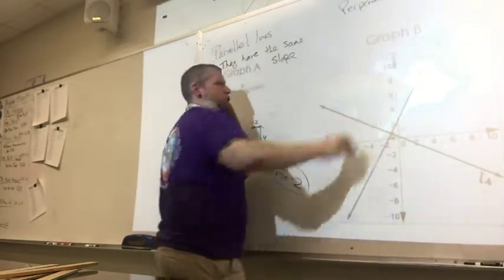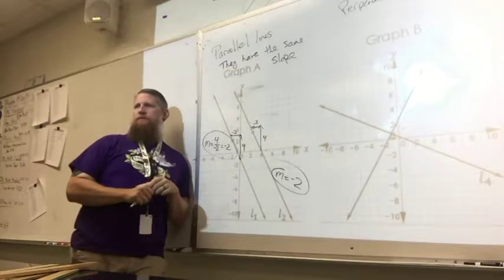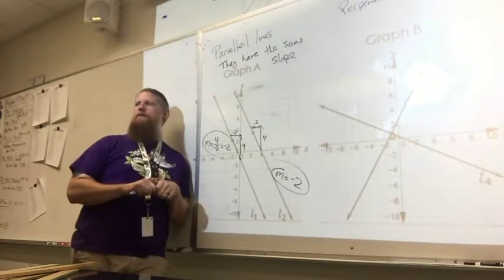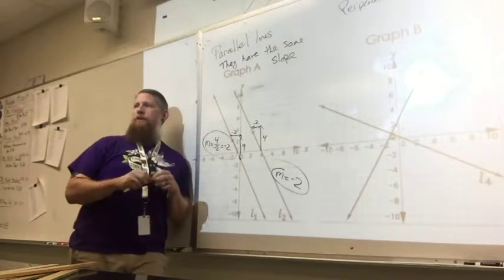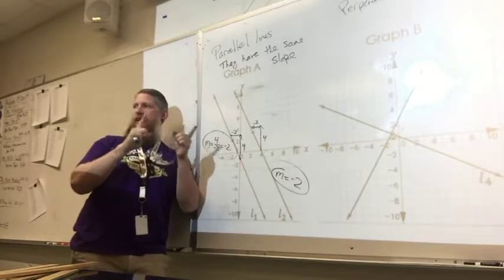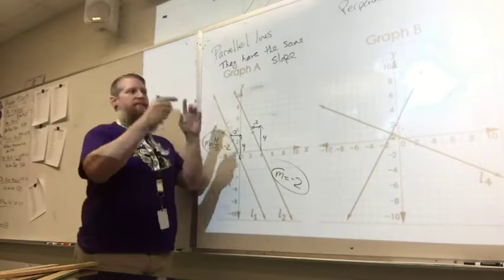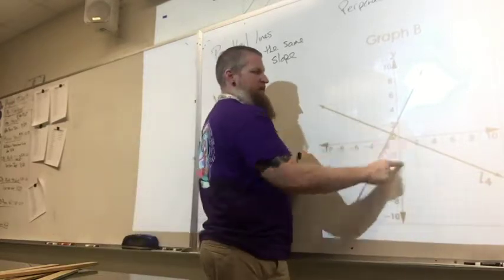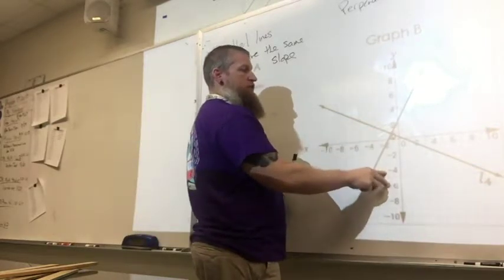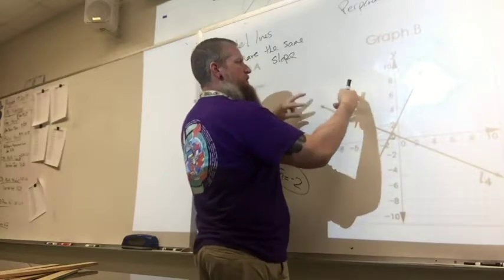All right, so for the perpendicular ones, how do the slopes act there? They're what? Different, but how are they different? Opposite reciprocals, right? So opposite means that the sign should have been different. So on that second one, if you were sliding this thing around, you should see that the fractions are going to be reciprocals of each other.